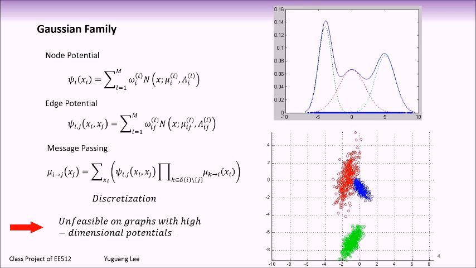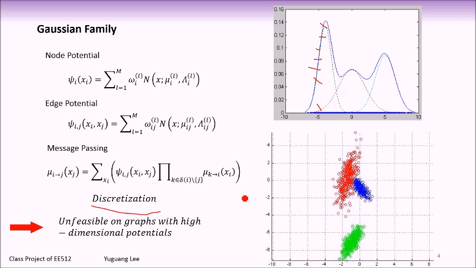Somebody will say, why don't we use discretization, to first discretize those continuous distributions and take care of this using discrete random variables?